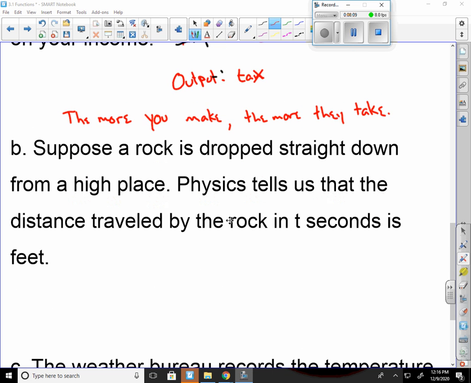All right, suppose a rock is dropped straight down from a high place. Physics tells us that the distance traveled by the rock in t seconds is blank feet. I believe that's supposed to be 9.6. When we look at this, we're looking at the distance that gets traveled, right? And what does that depend on, that distance that's being traveled? It depends on how long it has been falling. So our input would be t, or the time.